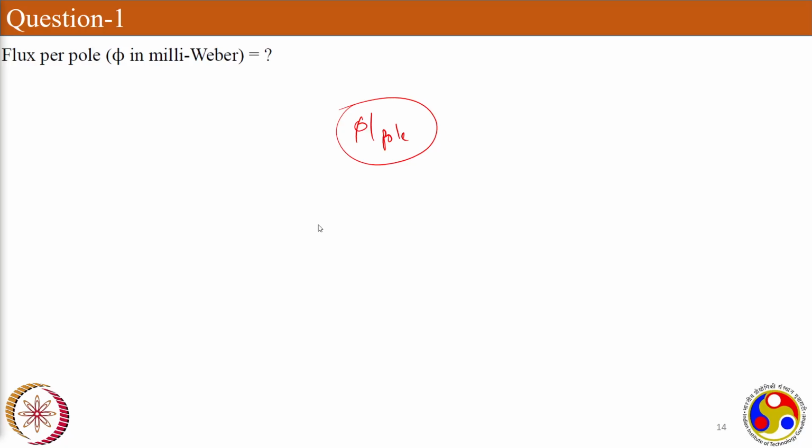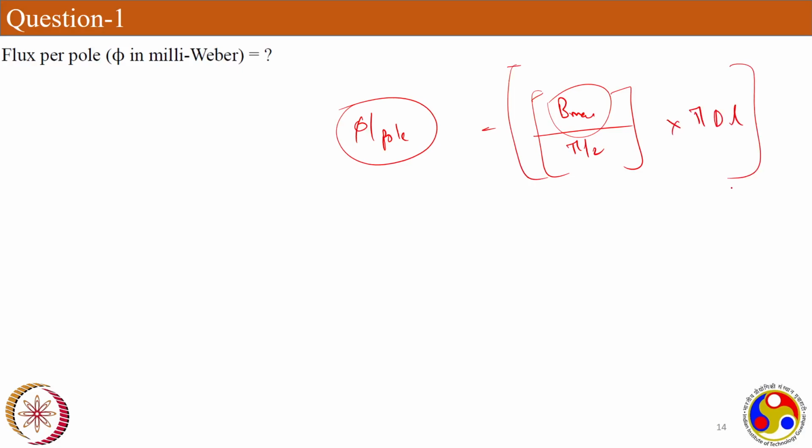Flux per pole is equal to B into area ultimately. We were given this maximum sinusoidal density. So B max by pi by 2 would give you the average, multiplied by the area, pi dl by poles. So pi would get cancelled, and there is 2 by poles multiplied by B max multiplied by dl.